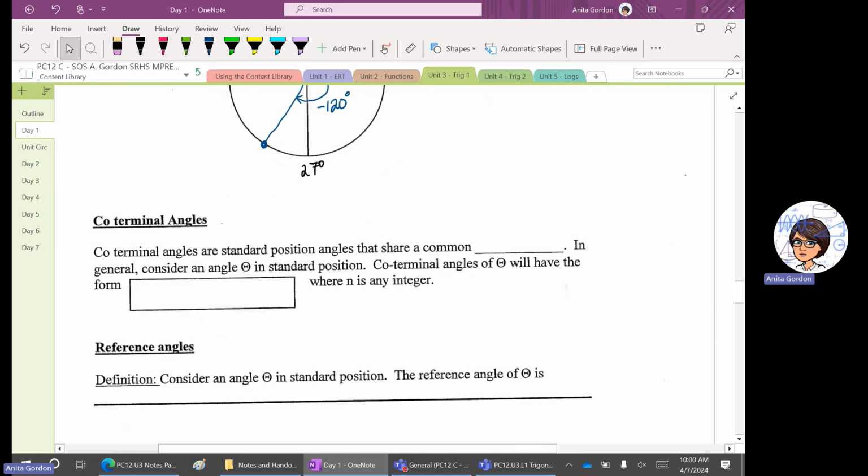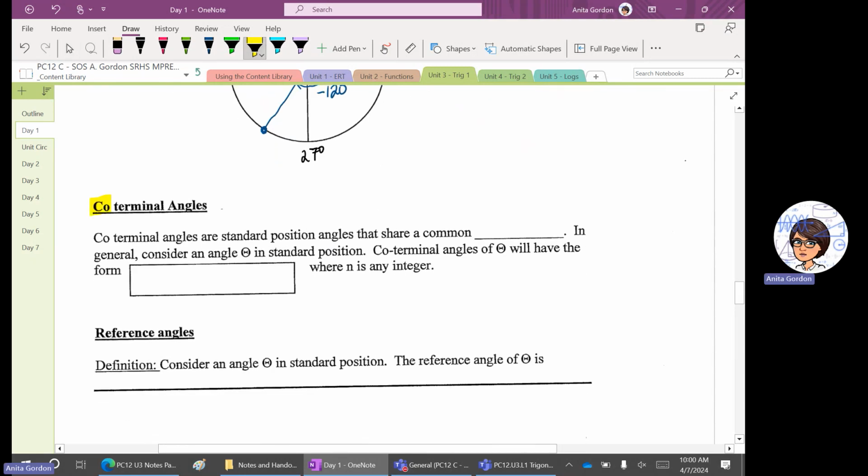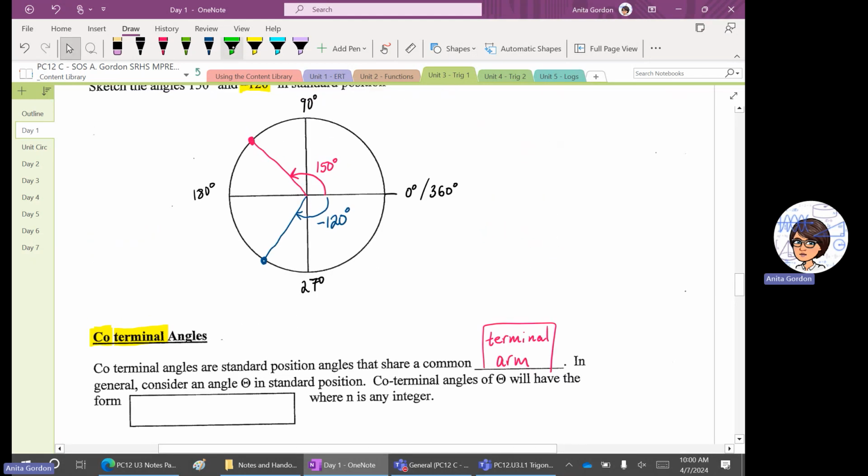Now, coterminal. Co means together, right? And terminal means a stopping point. So coterminal angles are angles that share the same terminal arm. This refers to this thing here. Where is the stopping point?